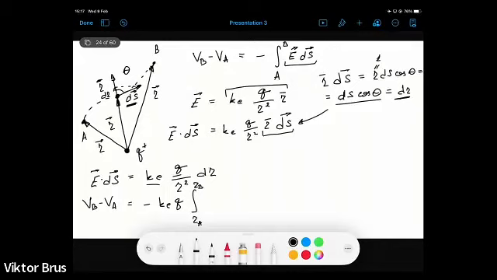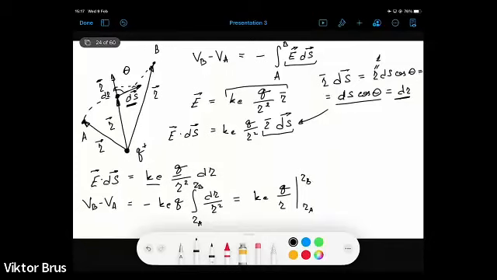And here we will have dr over r squared. So if we integrate this, we will get rid of this sign minus. So it will be Ke times Q divided by R from RA to RB.